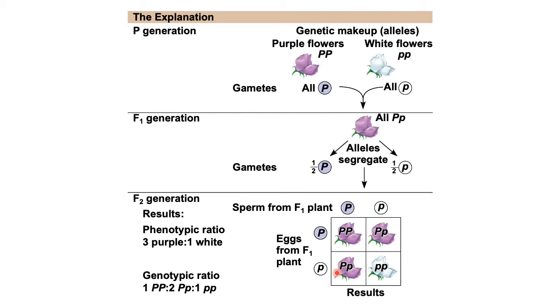And you would also get another heterozygous dominant, and then you would get a homozygous recessive. And so there would be 3 out of 4 plants that are expressing the purple phenotype, one being homozygous dominant, 2 being heterozygous dominant, and you would get one plant expressing the white phenotype, which means that they are homozygous recessive.